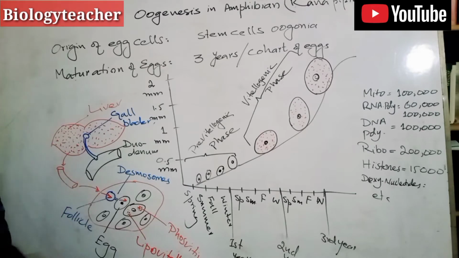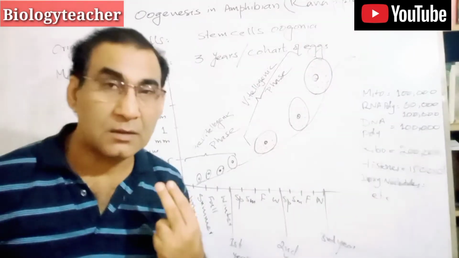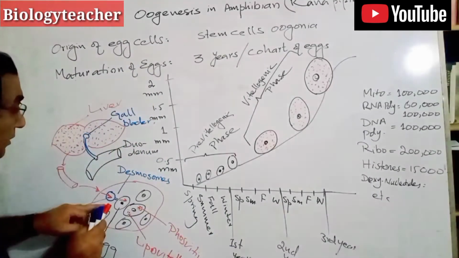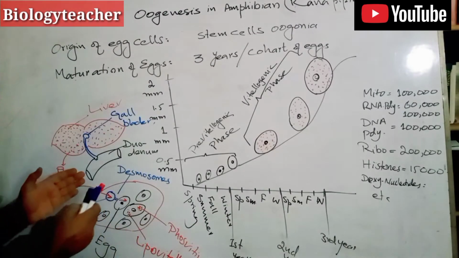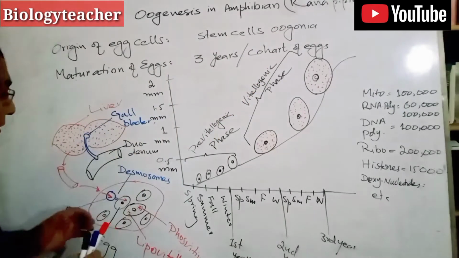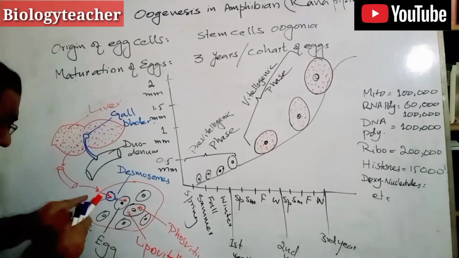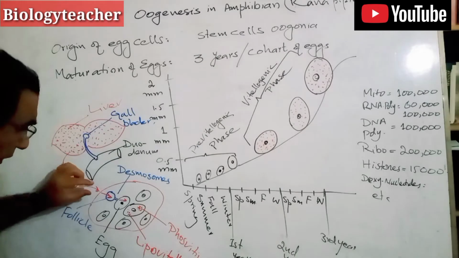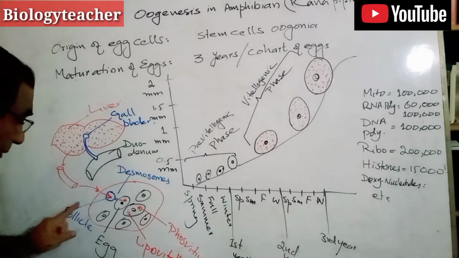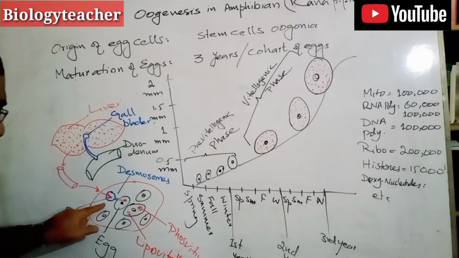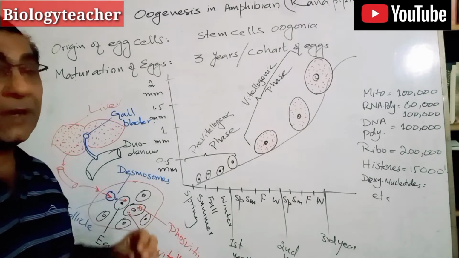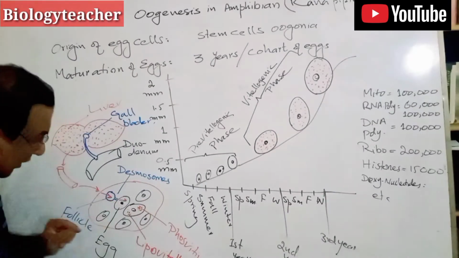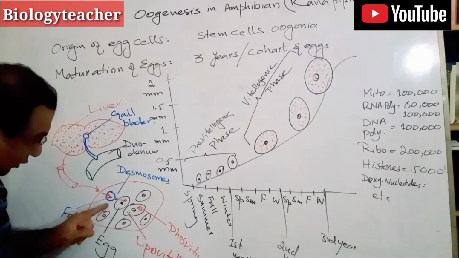Here there are two types of cells, the germ cells and the follicle cells. As the germ cells, the oogonia, get mature, the yolk reaches the follicle cells. And from the follicle cells, through the process called micropinocytosis, or through the desmosomes, it reaches into what?